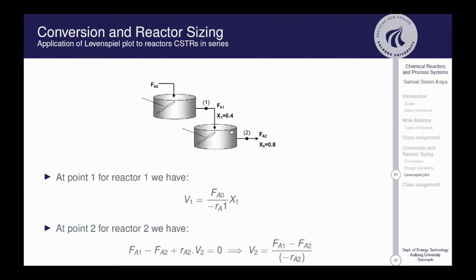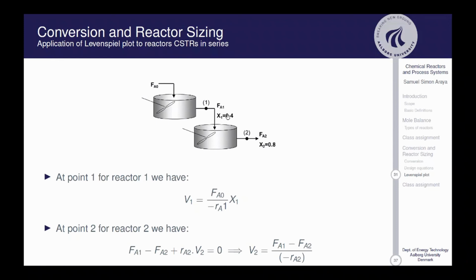But for the second reactor, we will have to use our initial flow into the reactor. So for the second reactor it is FA1, and our exit, as you can see, is FA2. However, when we talk about the generation in this case, we will use a different rate of reaction that's related to this conversion, and it will be the rate of reaction in the second reactor for the species A.